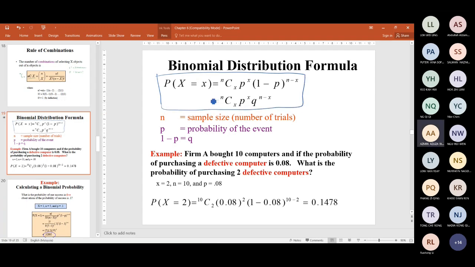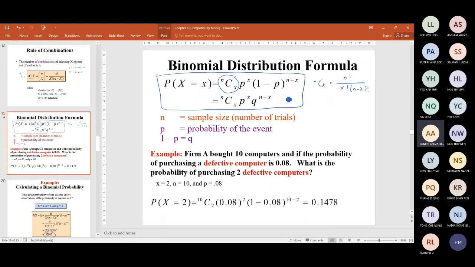To get the probability that X equals any number, the formula is nCx times p to the power x times 1 minus p to the power n minus x. P is the probability. The nCx here is the one you have seen in the previous slide, which is n factorial over x factorial times n minus x factorial.